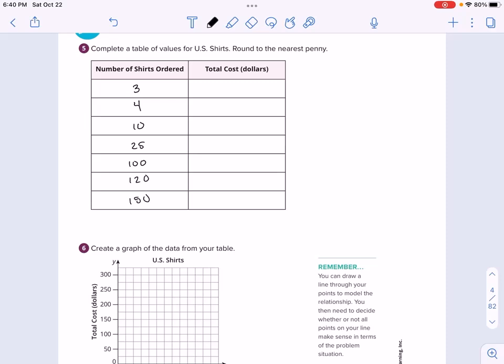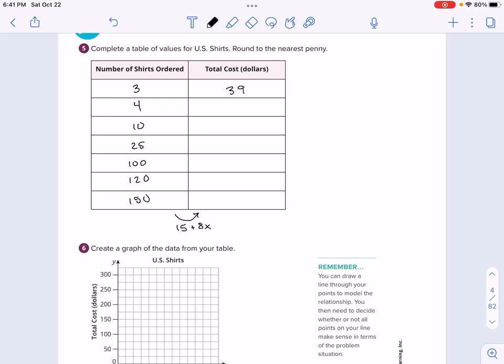Now we just did this for a lot of what we just worked on: you take the number of shirts, you multiply 8 times whatever the number of shirts is, and you add 15. I'll represent that using X. So 3, we did that earlier for the first problem. 3 times 8 is 24. 24 plus 15, that's 39.